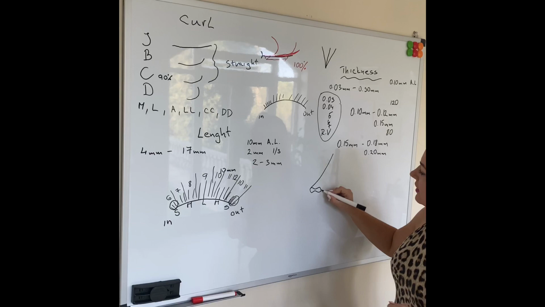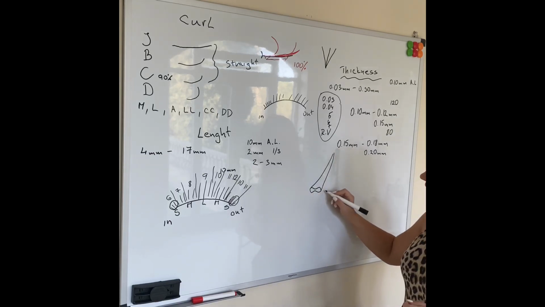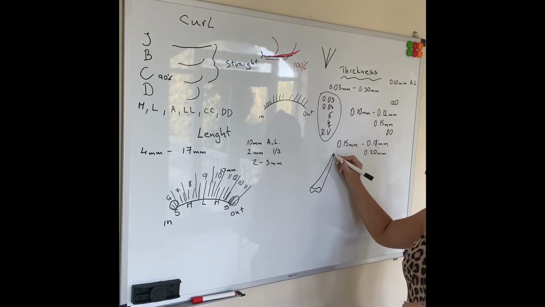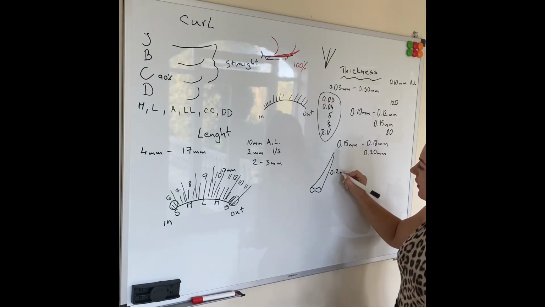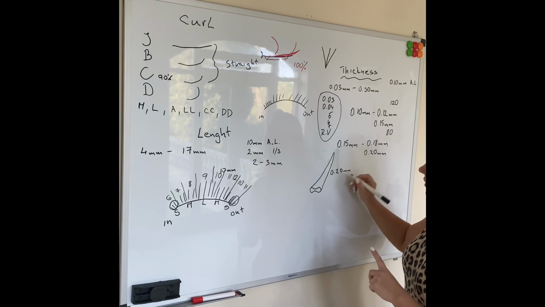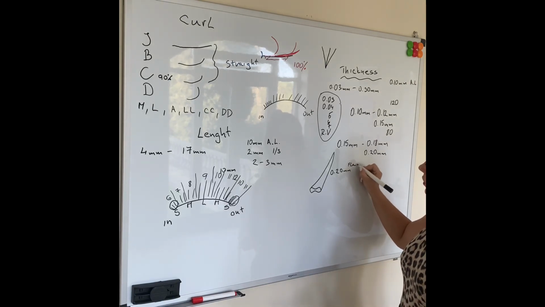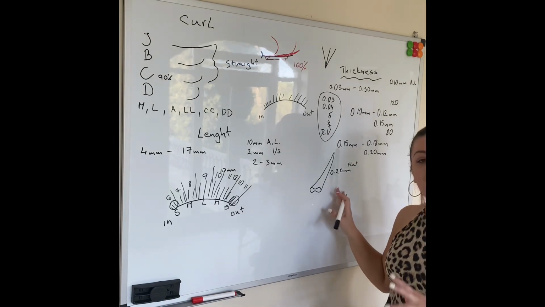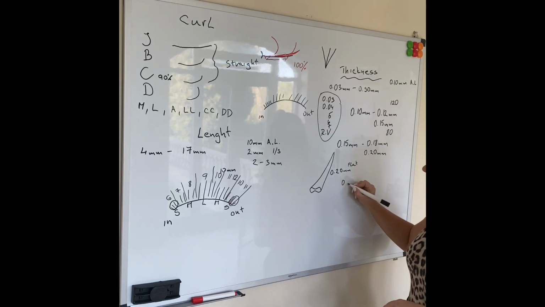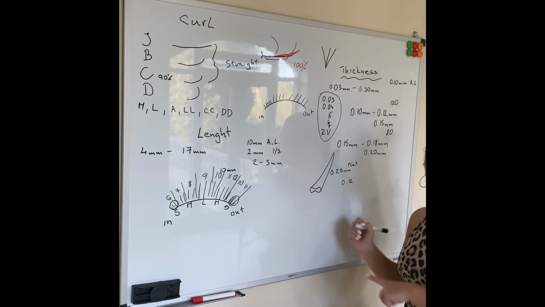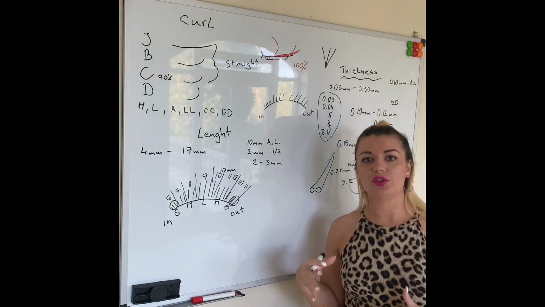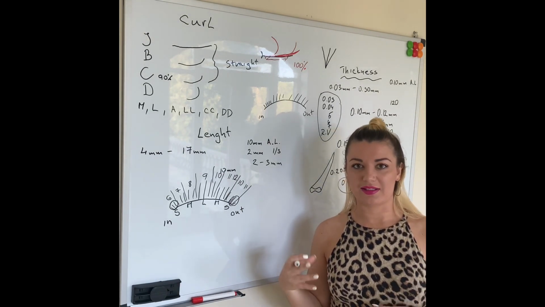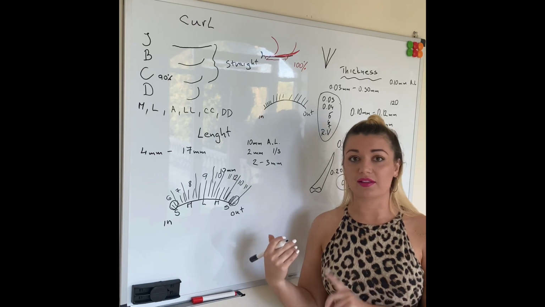So this is the base, and this is the actual lash. That's your flat lash. 0.20 in a flat lash will feel as heavy as 0.12 in a normal lash. So even though we are talking about 0.20, it is not as thick if you are using flat lashes.